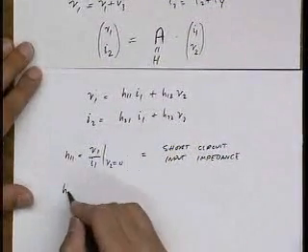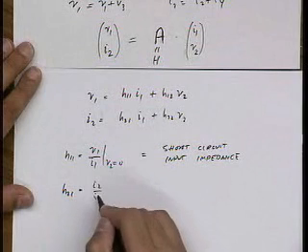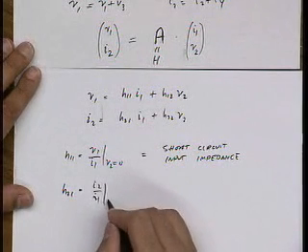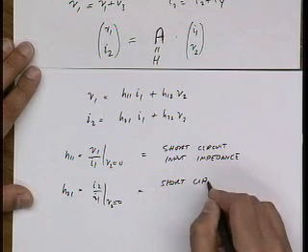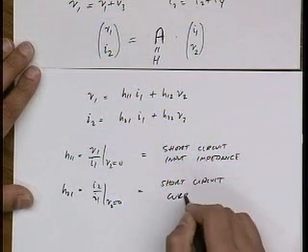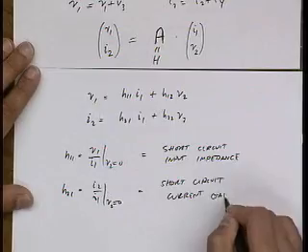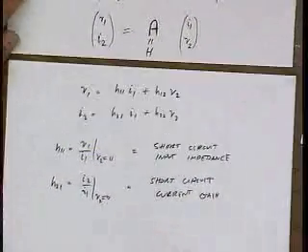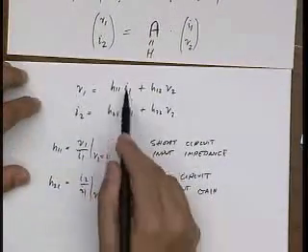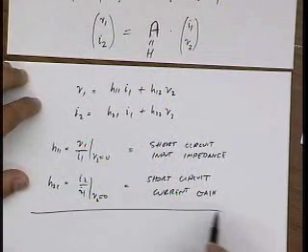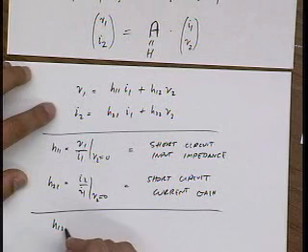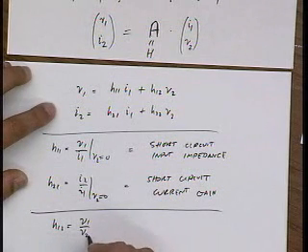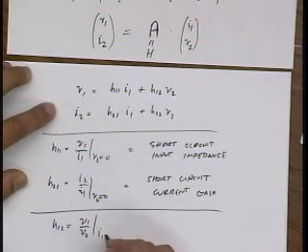And likewise, H21 is I2 over I1 when V2 is equal to 0. Well, that's simply the short circuit current gain. And then we're going to set I1 equal to 0, which gives us open circuits. So that means H12 is V1 over V2 when I1 equals 0.